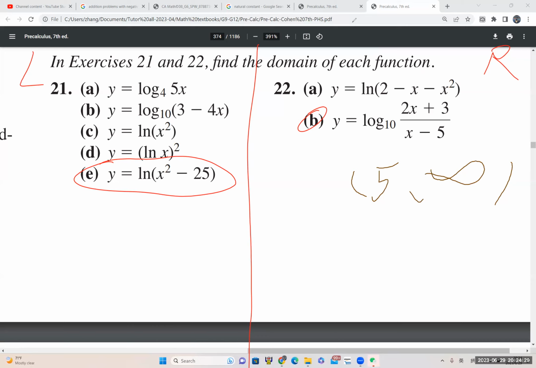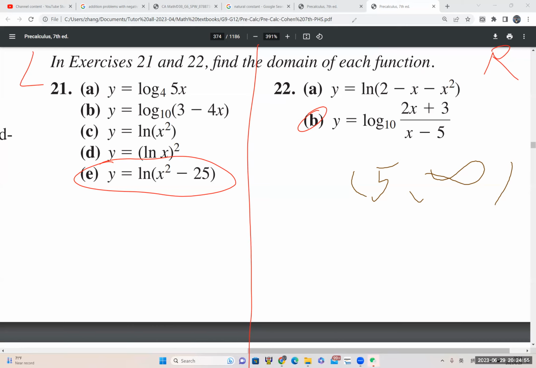Let me double check to make sure. Correct.